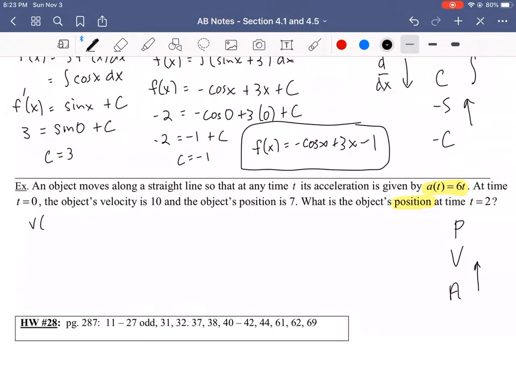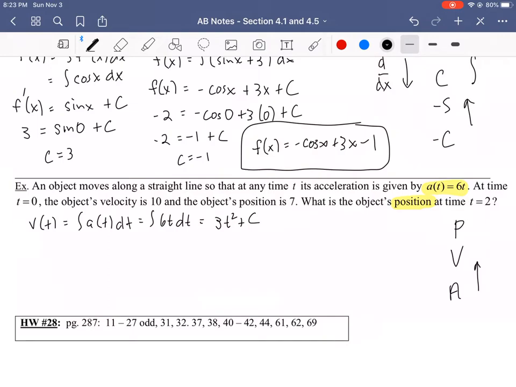Okay, so v of t is what we're going to be able to find first, and I know that's the antiderivative of a of t, and so that's going to equal the antiderivative of 6t dt, which will be, increase the exponent by 1, it becomes a 2, divide by 2, 6 divided by 2 is 3, so this will be 3t squared, and then plus c.